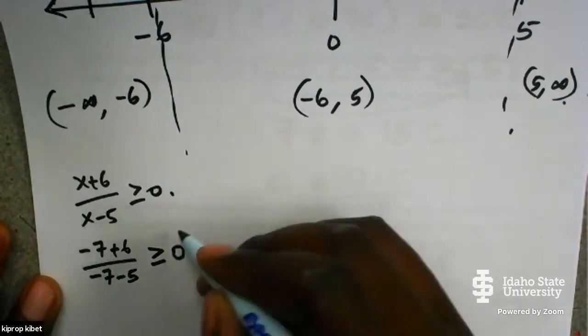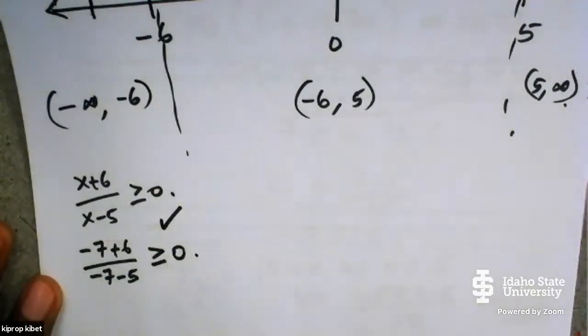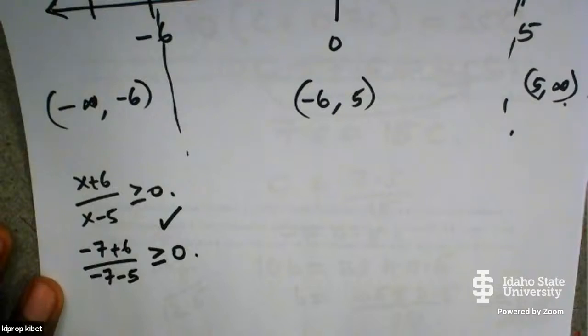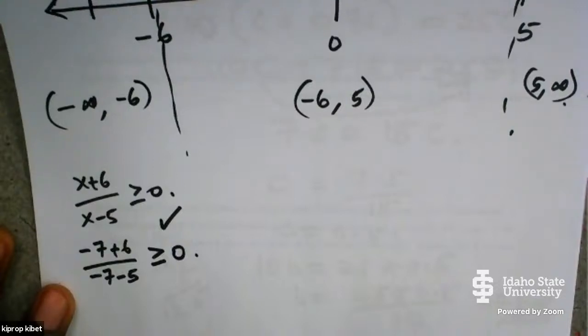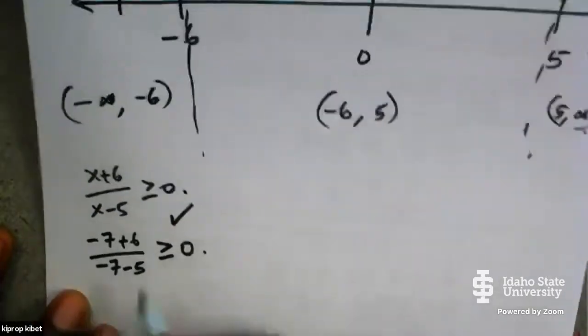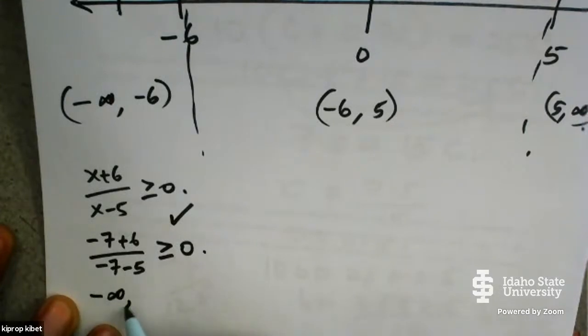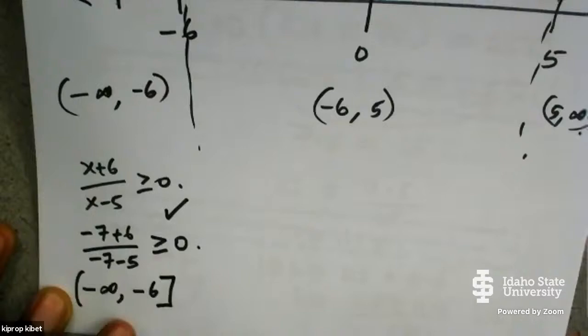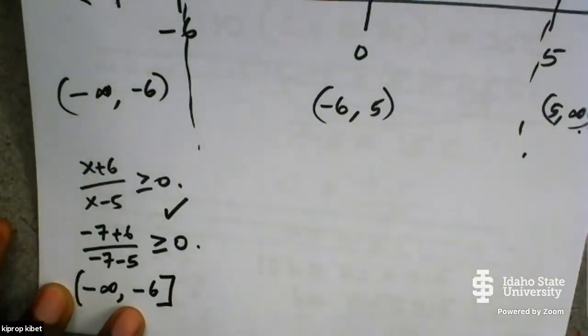So this region works. If we take minus 6, it is 0. Is 0 greater or equal to 0? Yes. So our region there will be minus infinity, minus 6, because we are including minus 6.